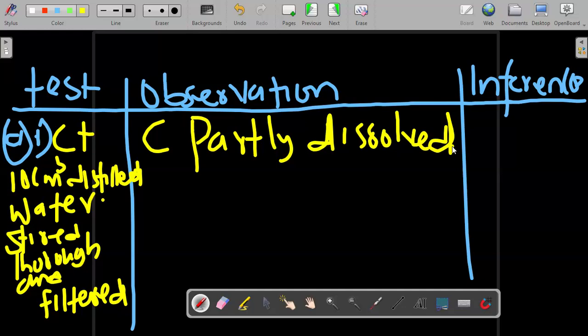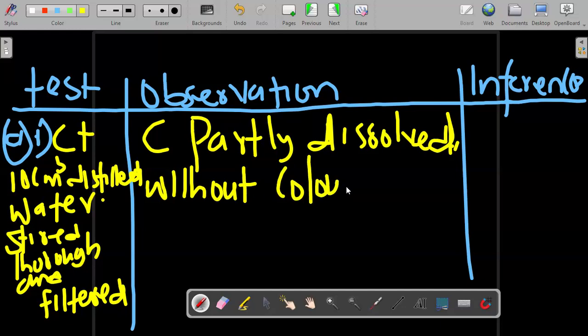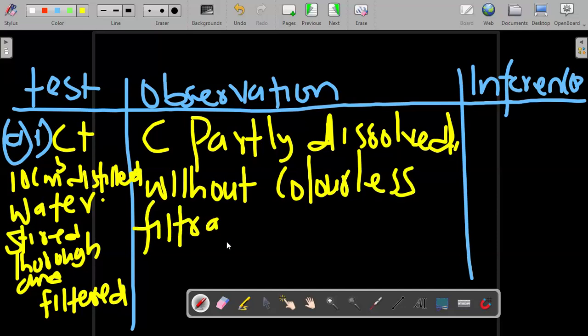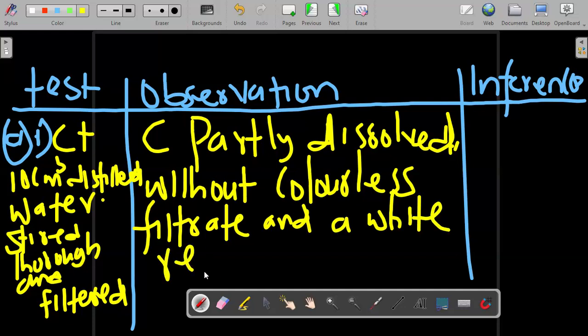Then after stirring, they ask you to filter. What do you see? When you filter, you're going to see something colorless like water: a colorless filtrate and a white residue.